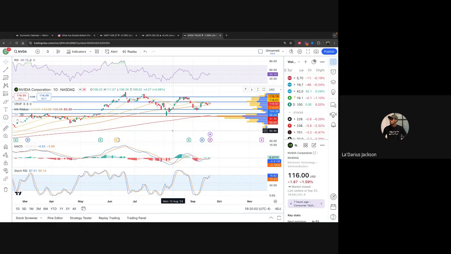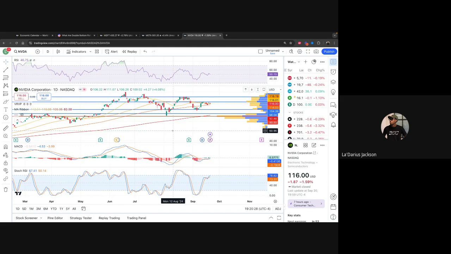And NVIDIA at the beginning of the year wasn't at 3 trillion. It was about 1 trillion, about 900 billion, I want to say. But I think the crazy moves to the upside for NVIDIA may be over. But again, if it breaks 130 and holds, I'll change my opinion.